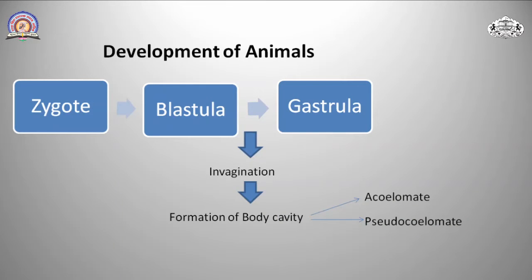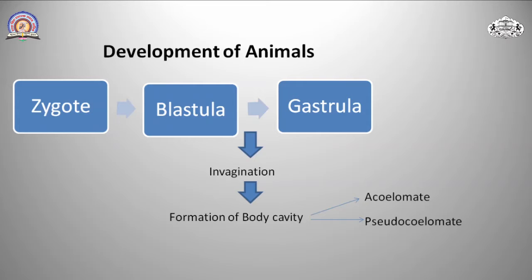In this conversion, one side layer of the blastula is pushed inside, and this process is known as invagination. After invagination, or gastrula formation, the next step is the formation of the body cavity. And with the formation of the body cavity, the organisms are again divided into three parts.